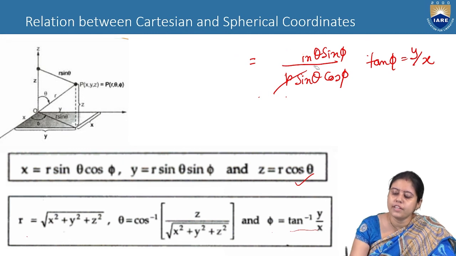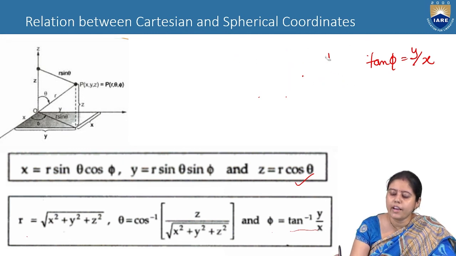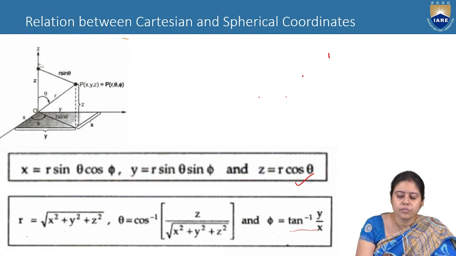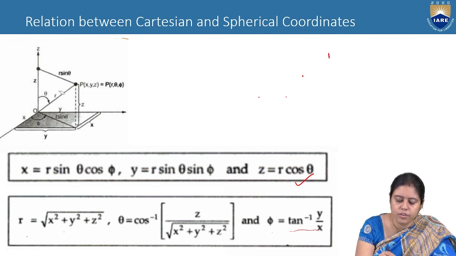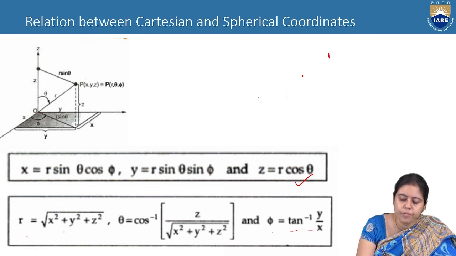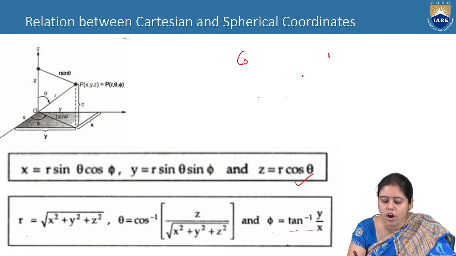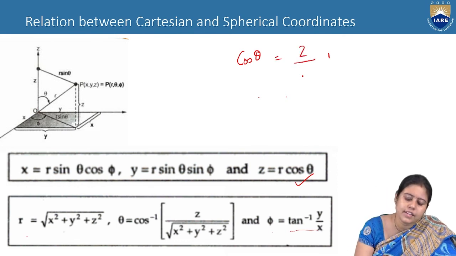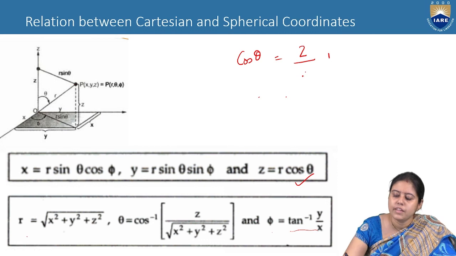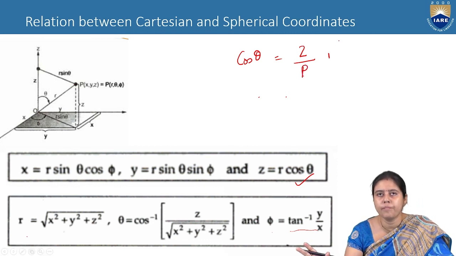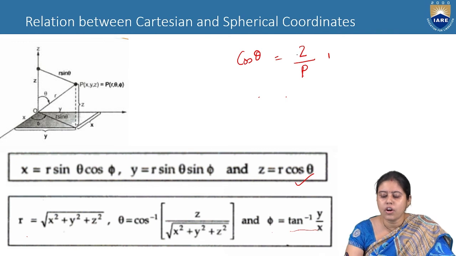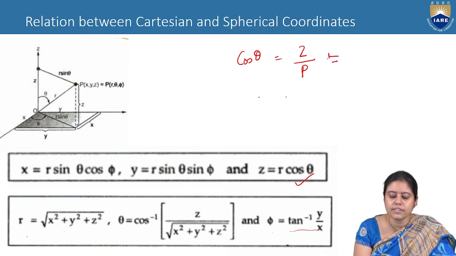Now, the toughest part is we have to calculate the angle theta. So, think about this circle. We don't know the x value, but we know the position of P, and we know the value of z. So, what can we write? Cos theta is equal to z by the distance of P from origin. Height by r is equal to cos theta. What is the length of r?